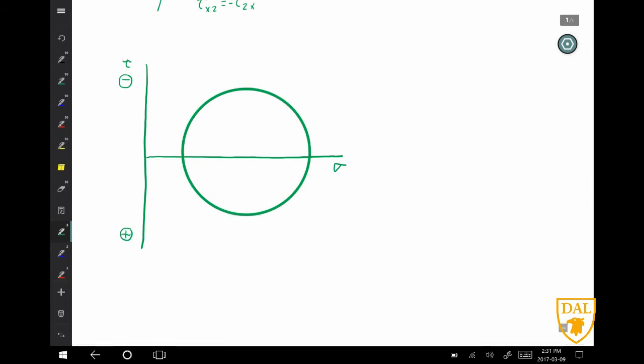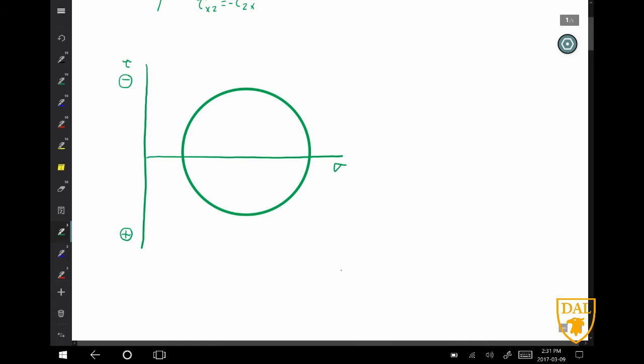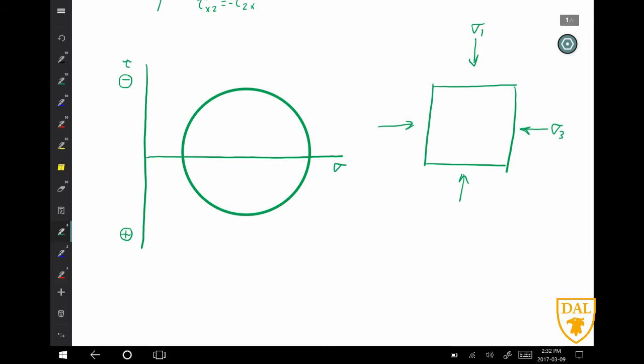All right, and I'll draw another stress block over here. Draw this one bigger, so I can draw some planes inside of it to help you out. Sigma 1 and sigma 3. So we'll have the principal stresses in this case, which means there's no shear stresses, because on the principal stress planes, there are no shear stresses.